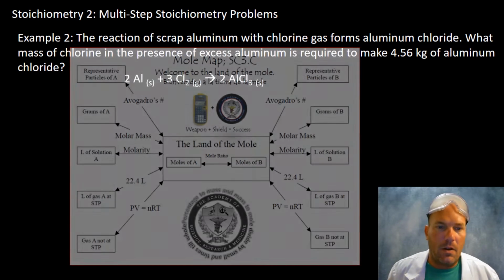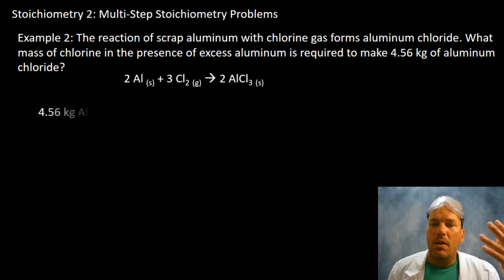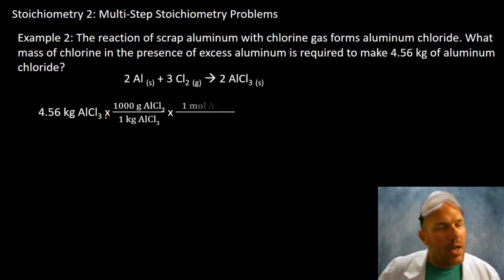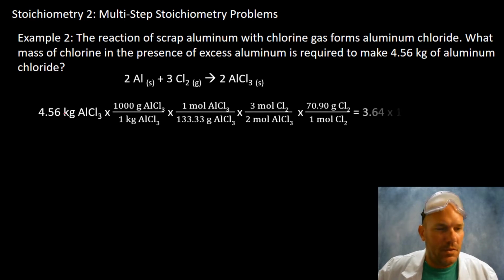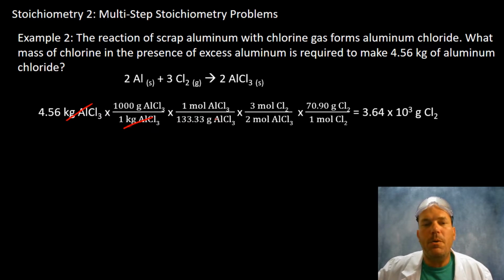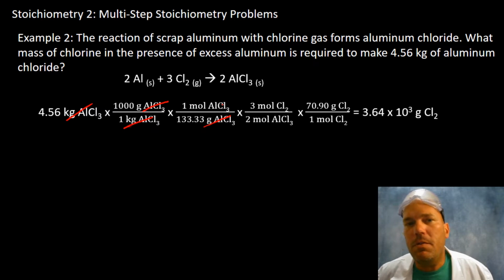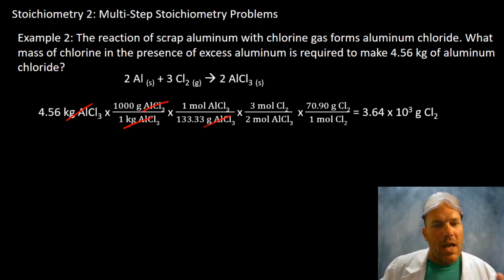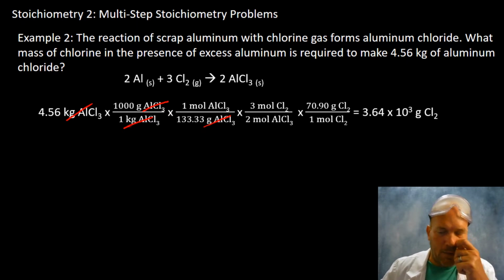Okay? All right. So I'm going to go ahead and lay out what we just discussed on the mole map, starting with our value. Now, in this case here, I'm showing you, it really doesn't matter, but in this case, I've started with my kilograms, and I'm using dimensional analysis to factor that out. Then we're moving into the molar mass of this substance, which gets me to moles of aluminum chloride. And now I want to convert to moles of the chlorine gas. How do I do that?